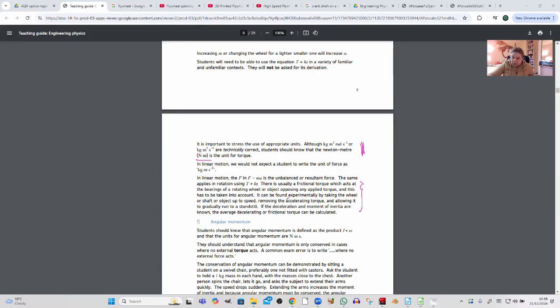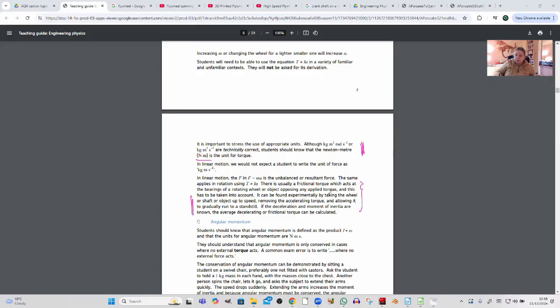So you need to be aware that there is friction in most rotary systems that opposes motion, and it is the resultant torque that you need to use for T is I alpha. Okay, it can be found experimentally, and this is quite important. So they might describe doing this, and you have to work out what the friction force is from the description.